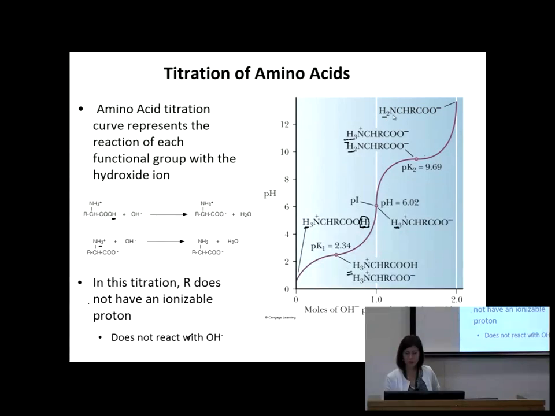So at pH, say, 14, all of the protons have been ripped off of our amino acid. So what I like to do is say, okay, we predominantly have this guy here. We predominantly have that guy here. Of the two, we predominantly have the base here and the acid here.